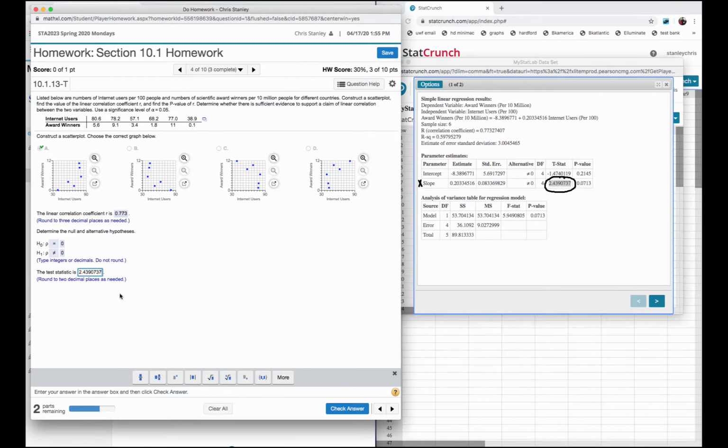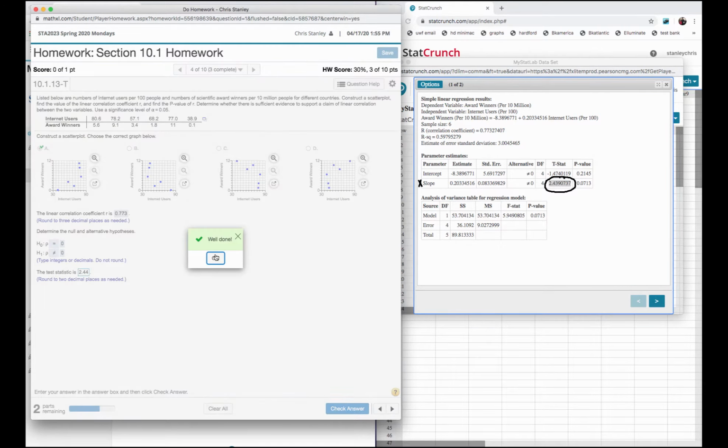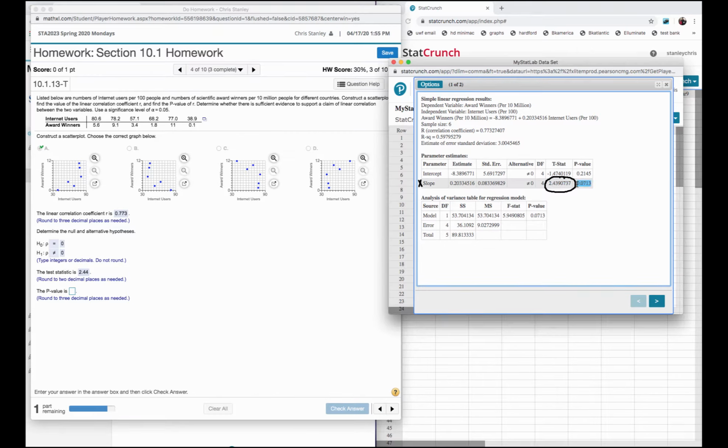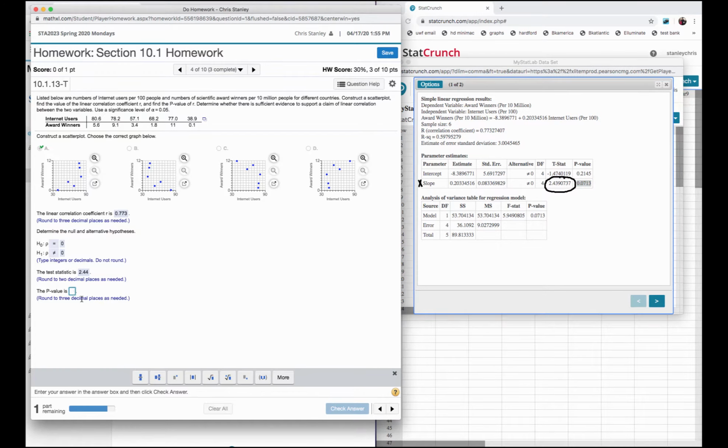Paste, and we need to go to 2 decimals, so 2.44. Okay, now the p-value. The p-value is what's going to make our decision. 3 decimals, so I'm just going to get rid of that.